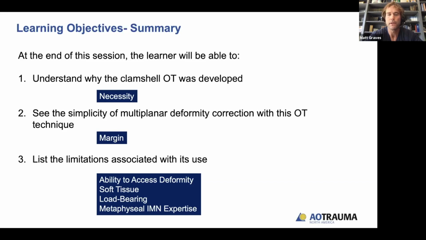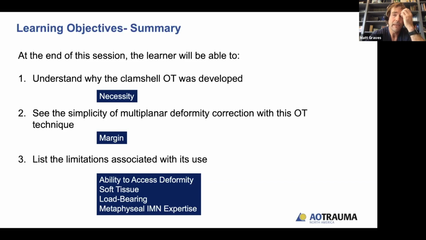And so early on, what we noticed when we lengthened significantly acutely was interlocking screw failure. So I would encourage you to place multiple interlocking screws and graft large defects that aren't filled by reamings using something else, whether it's something that's made in the lab or something from that patient. And then you have to have some expertise in metaphyseal intramedullary nailing techniques.